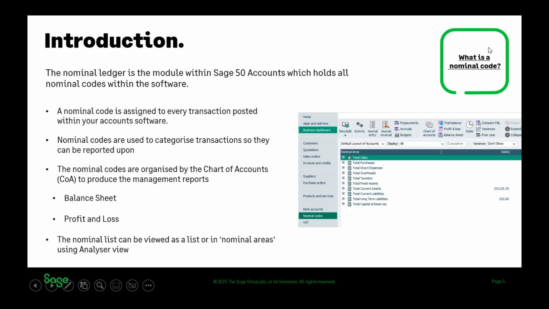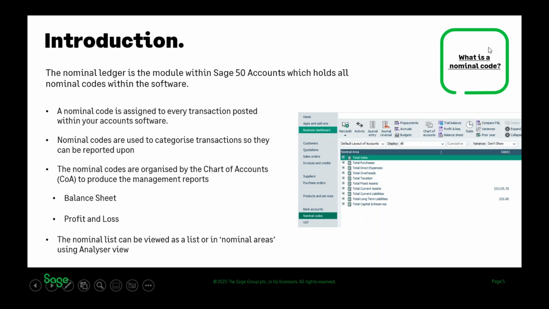You'll normally assign one, sometimes depending on the transaction, 2 transactions to a nominal code. And that's taking care of the double entry bookkeeping in the background for you. But say, for example, you're just posting a simple bank receipt. When you're doing that, it will ask you what nominal code you want to assign it to.